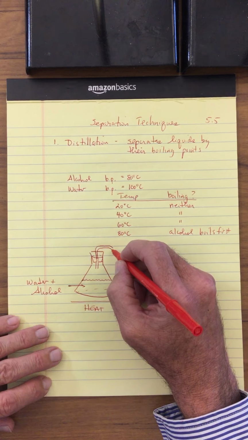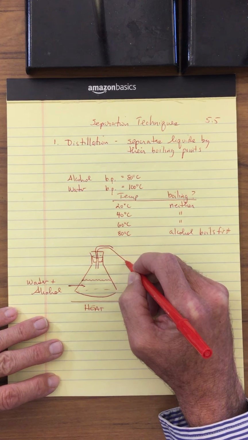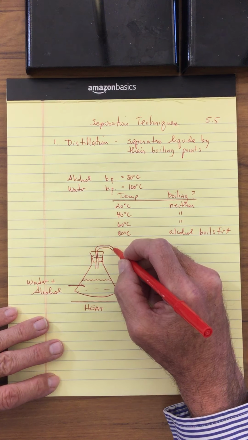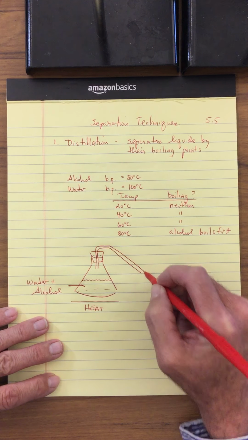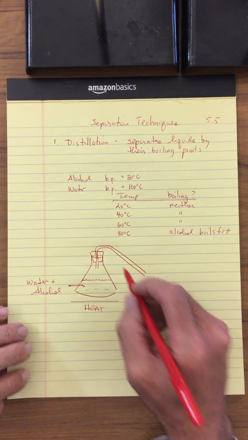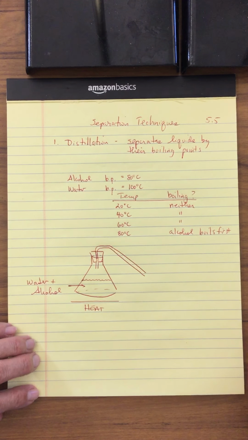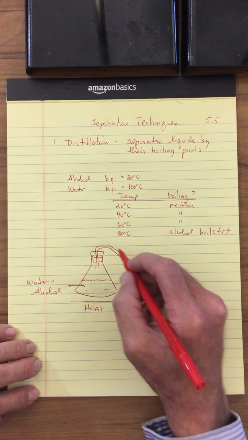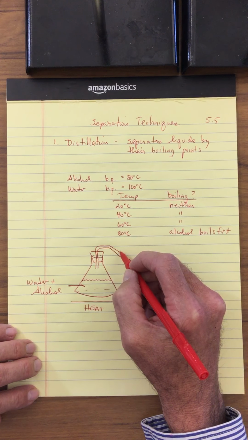And this tubing connects all the way through the condenser like this. And surrounding this inner tube is going to be a larger glass container.